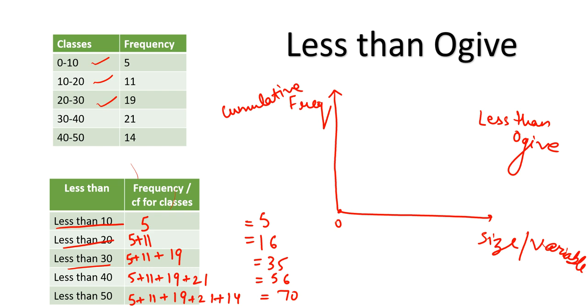How? We mark 0, then 10, 20, 30, 40, 50, 60, and on the frequency axis we make an interval of 10: 10, 20, 30, 40, 50, 60, 70.